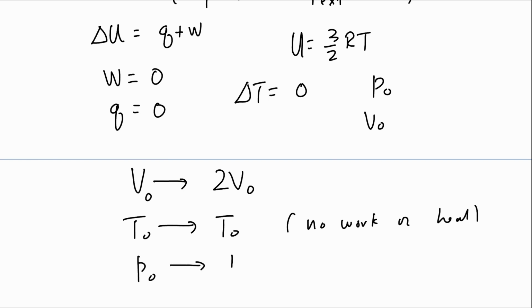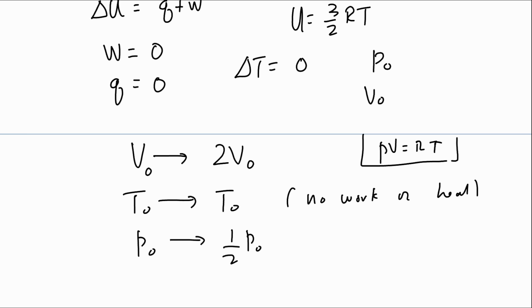P naught goes to 1/2 P naught, right? Because PV equals RT. It's an ideal gas. So the pressure is half as much, the volume is twice as much, the temperature is the same. No work is done. No heat goes in or out.